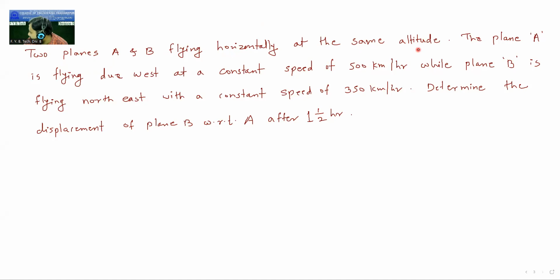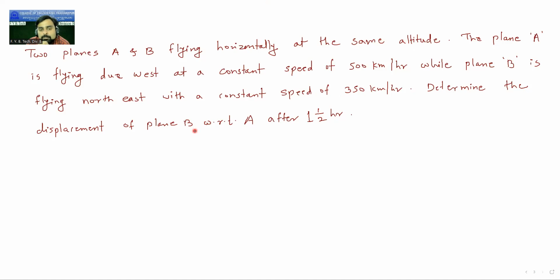So it is flying towards the west direction at a constant speed of 500 km/h. While plane B is flying northeast. Northeast means what? Exactly at an angle of 45 degrees between north and east. Northeast direction at a constant speed of 350 km/h.